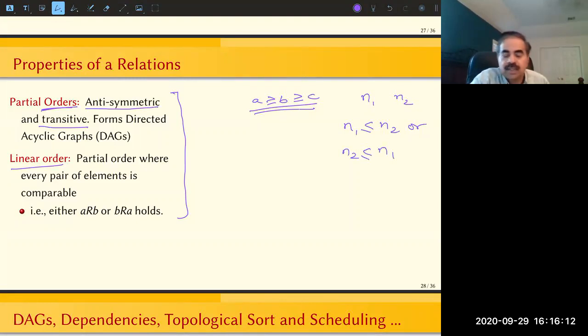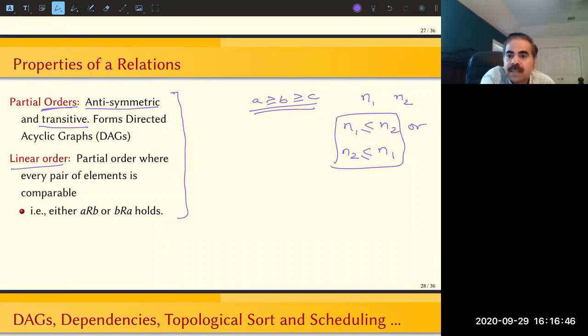So can you think of another relation where this property does not hold? That is, two elements that you cannot compare. Here, what we are saying is that every pair of elements can be compared, and the result will be that one is greater than or equal to the other. And then there are relationships where the elements are not comparable.